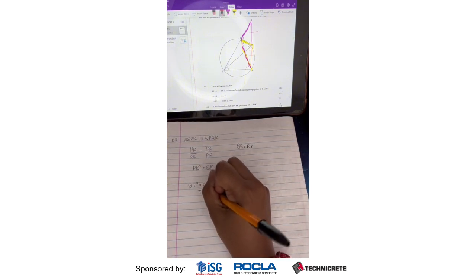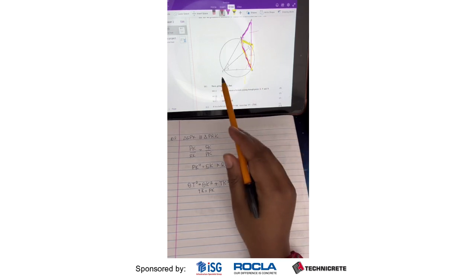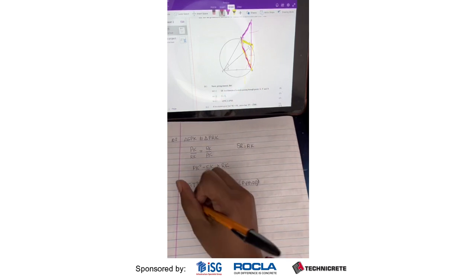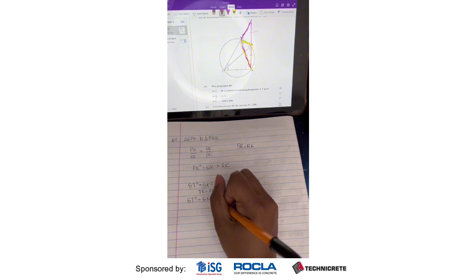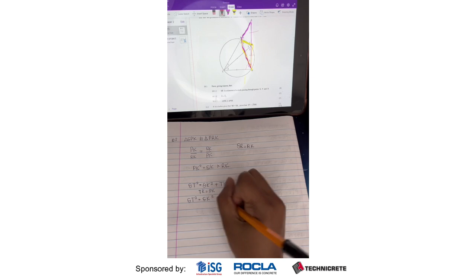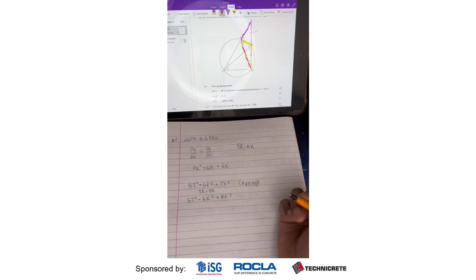TK is equal to PK. That's given. Those lines that are equal. Therefore, we can substitute in. ST squared is equal to SK squared plus PK squared, because we want PK from our original question.